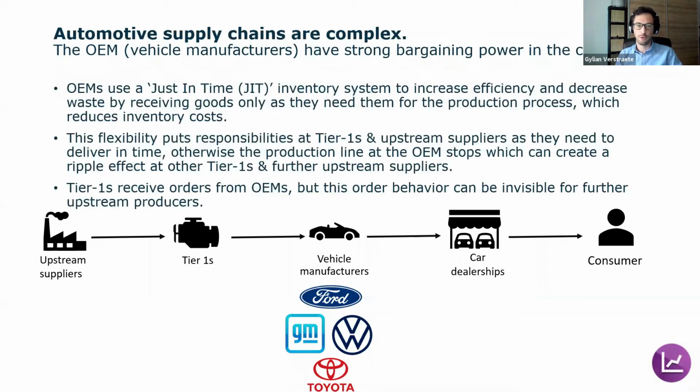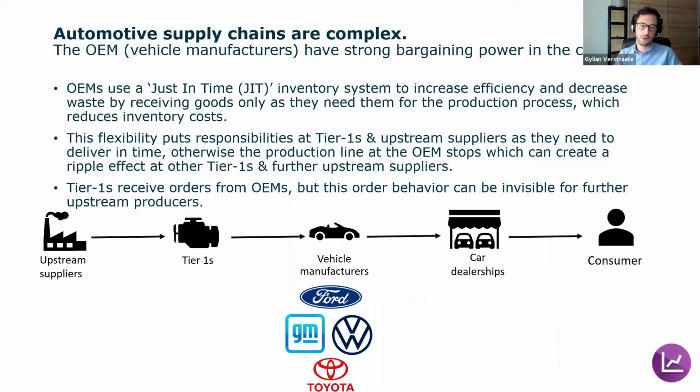So if you look further upstream in the supply chain, who delivers to vehicle OEMs, those are the tier ones. The tier ones basically provide the parts that go into the cars. And even further upstream, you have the upstream suppliers, so they are delivering onto the tier ones.